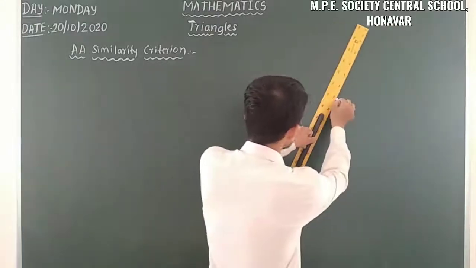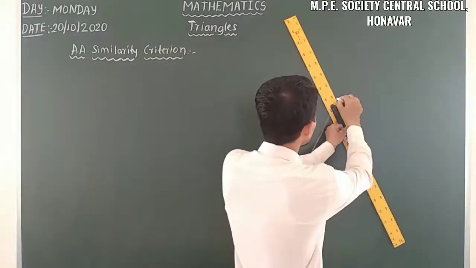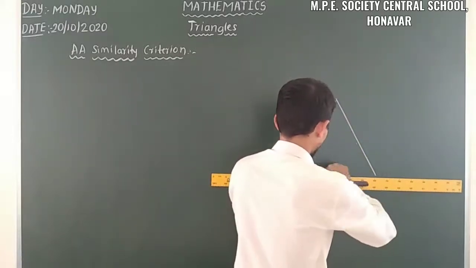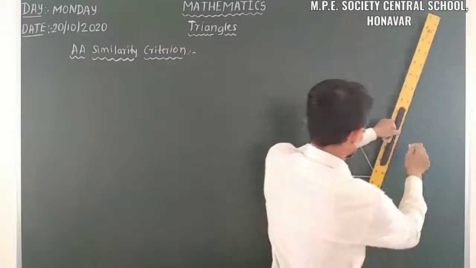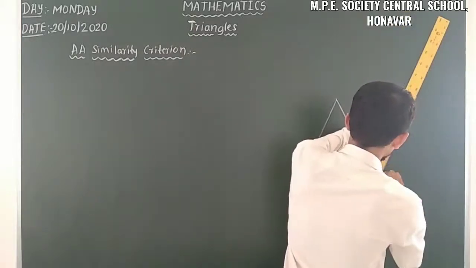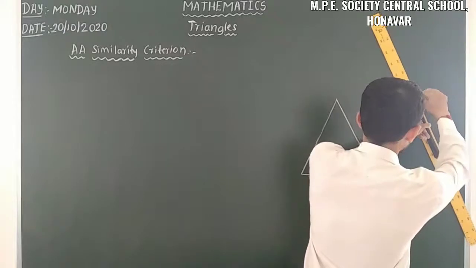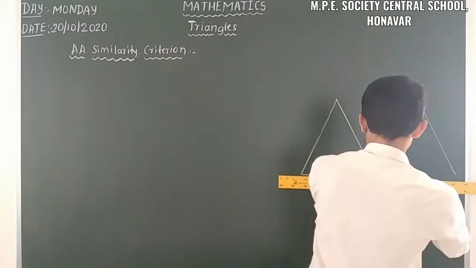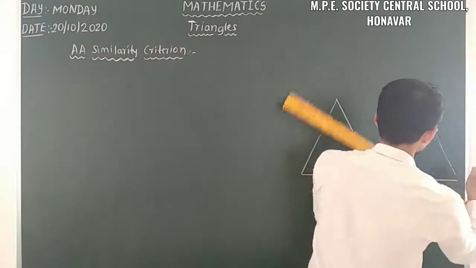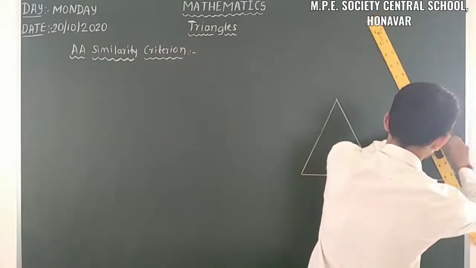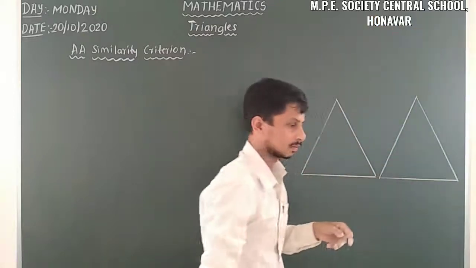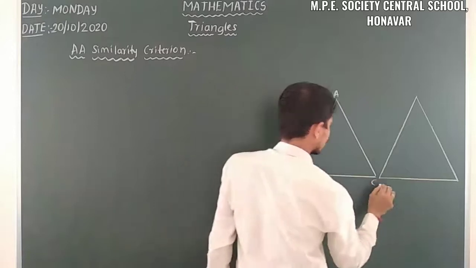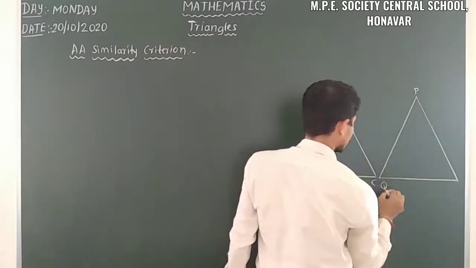Here I am considering two triangles. The two triangles are similar triangles, ABC and PQR.